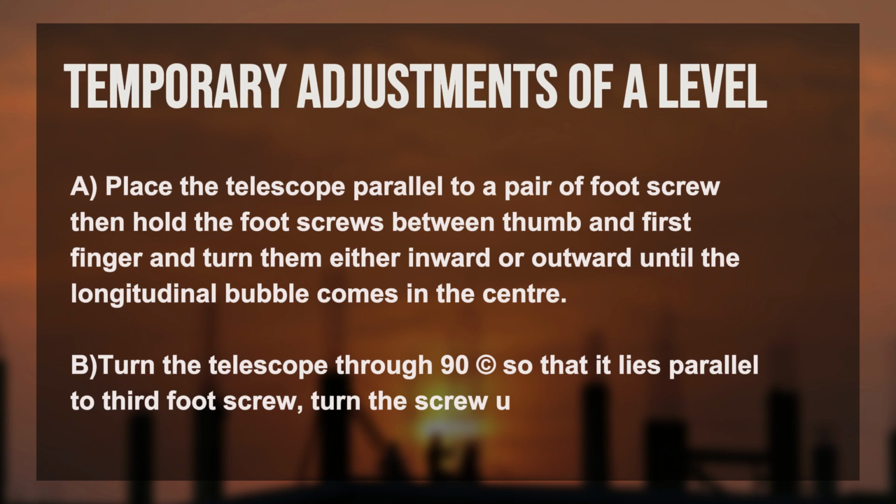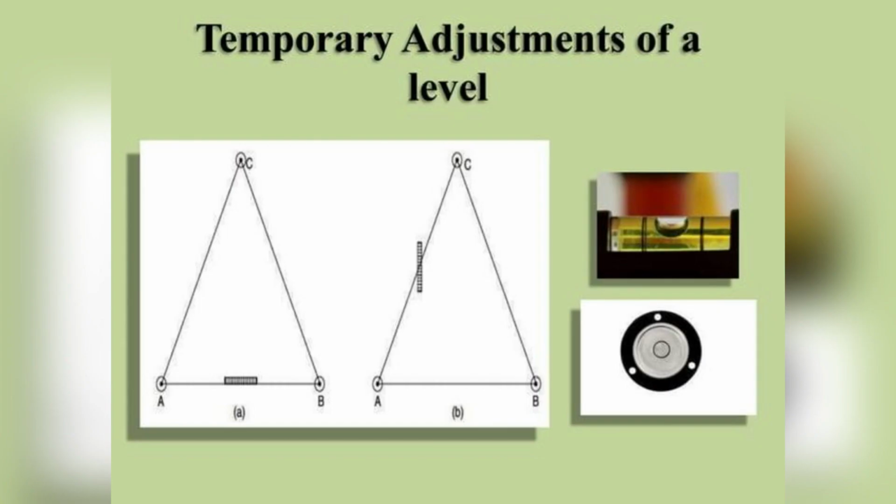Again we rotate by 90 degrees over the third foot screw, and with the help of the third foot screw, moving inward or outward, the bubble is brought to the center. We repeat this operation a number of times, parallel to the 2, then over the third, then again parallel to the 2, then again over the third, so that it is perfectly leveled in all directions. The figure shows the foot screws and how the bubble tube is kept over them.